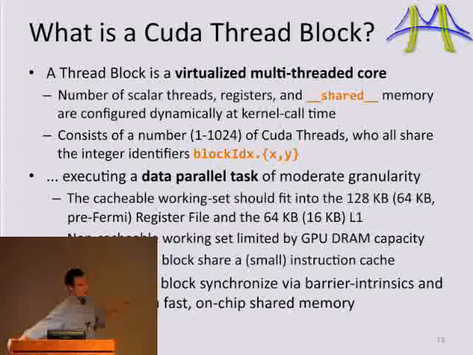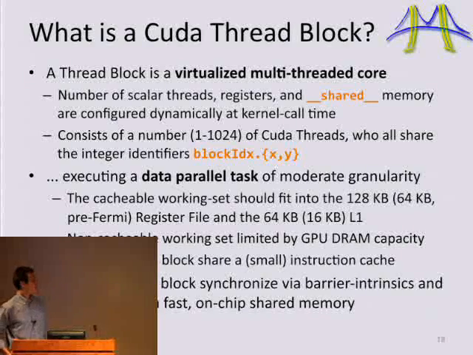So you don't have to know at compile time how big one of these things is. You can specify it when you know how big your actual data set is. So it includes some number between 1 and 1,024 CUDA threads, and they all have the same block index identifier.